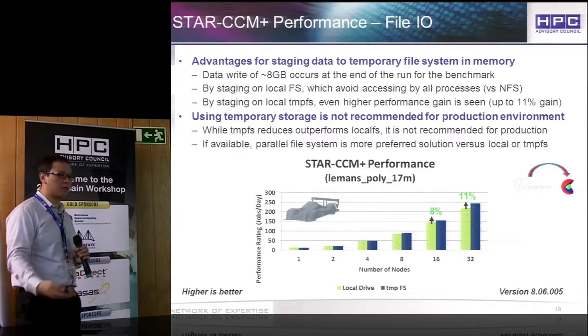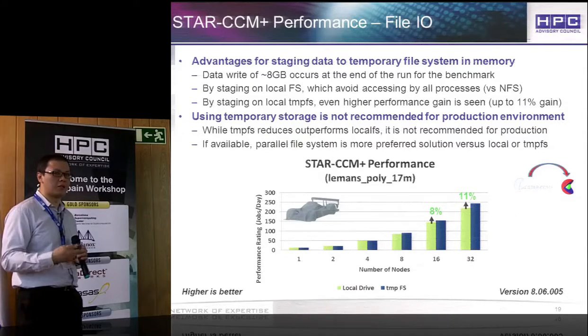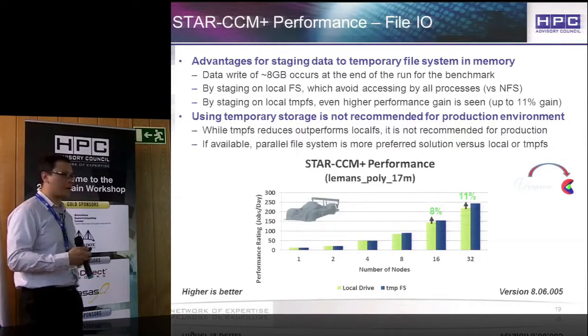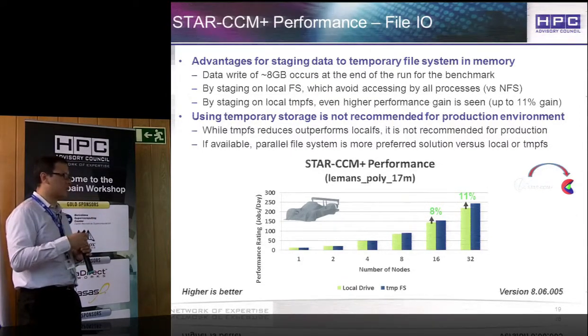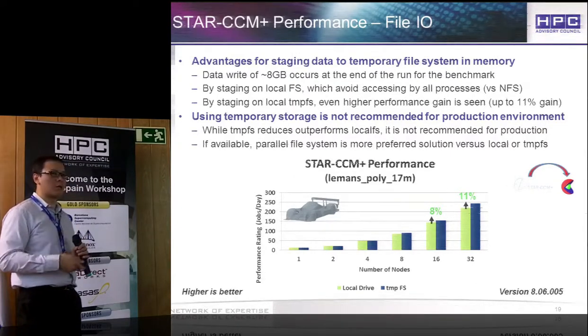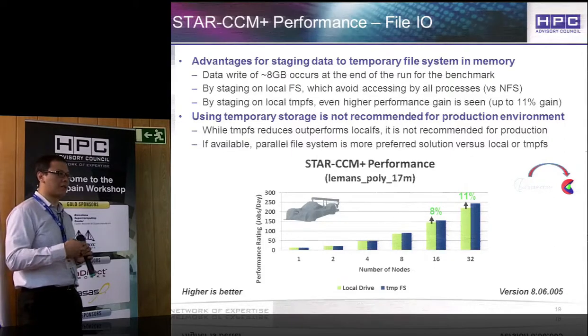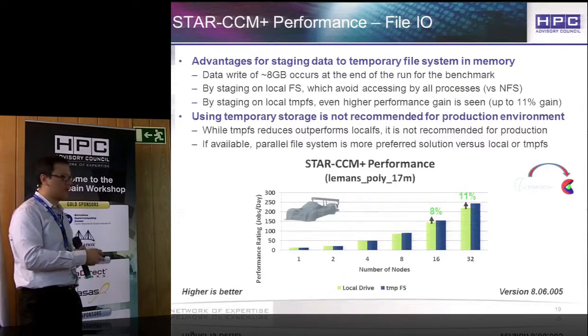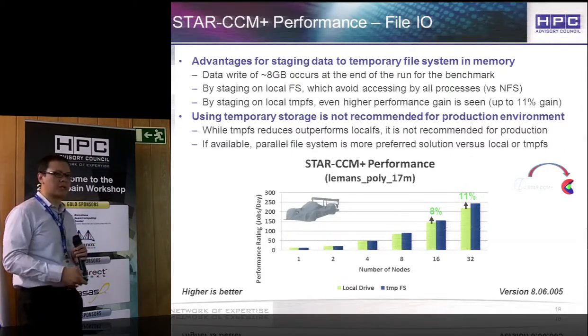The reason that I'm doing it like this is to show the effect. But in a production environment, of course, I think a parallel file system is more advisable. So for me, this is just a test to see how much improvement you can actually see, or how much of the performance percentage actually comes from the I/O. If you really have a bottleneck in I/O, this is what it's going to show for this particular input data.